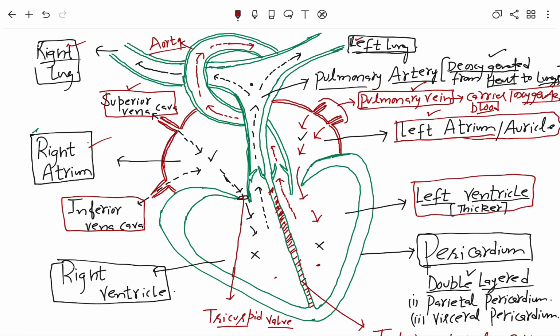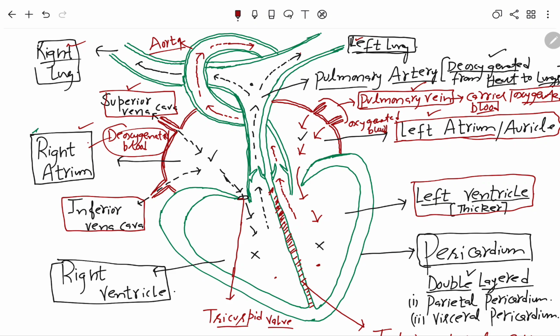Your heart, when your right atrium was receiving deoxygenated blood brought by vena cavas, at the same time your left atrium was receiving oxygenated blood brought by pulmonary vein. I hope you got my point.